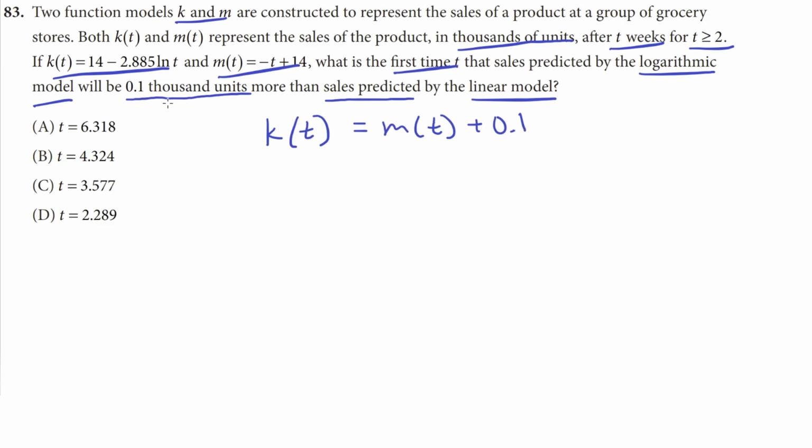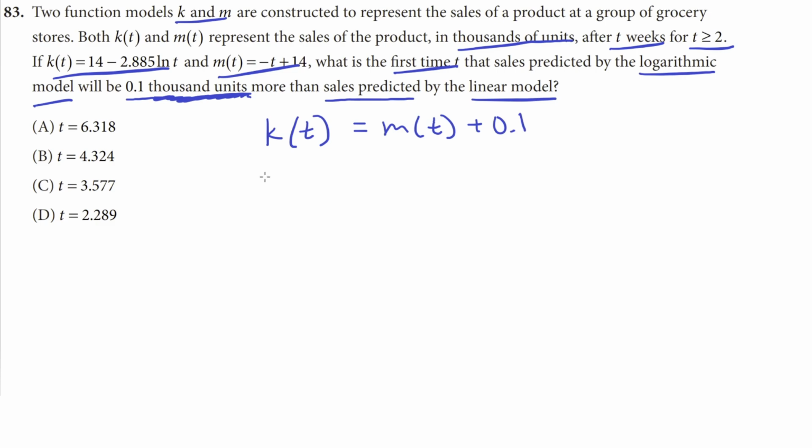K and m are already in thousands of units, so we just need k of t to be 0.1 units larger than m of t. So we need to use this equation to solve for time t where this occurs.